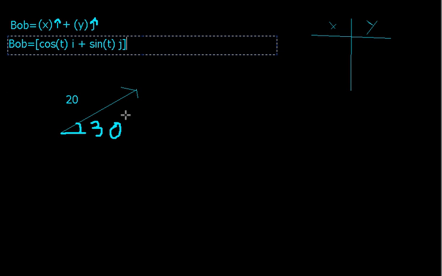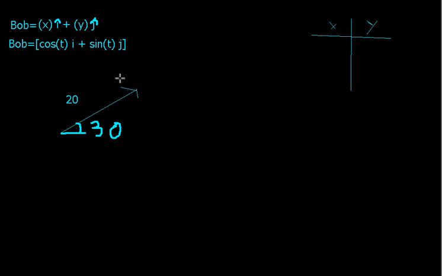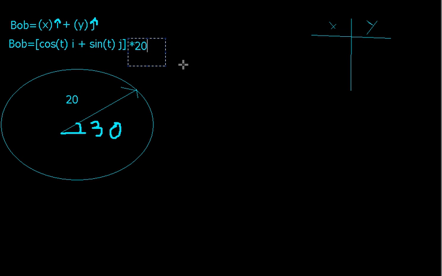But here the radius of that circle, if we were to draw a circle, the radius of this circle is 20. So what we need to do is multiply this whole thing times 20. And now we have our x and y components in a pretty simple equation.